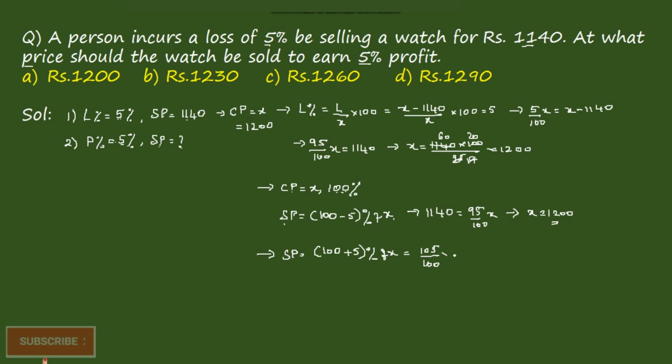Here the X value is 1200. The 0s get cancelled, which gives 1260. So when the selling price is 1260, we get a profit of 5%. So the answer is option C.